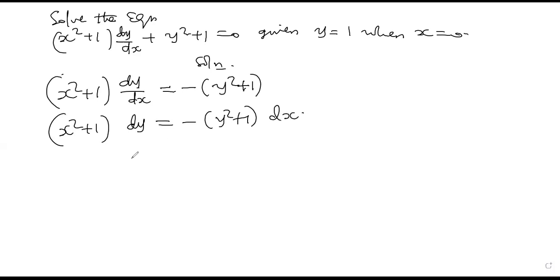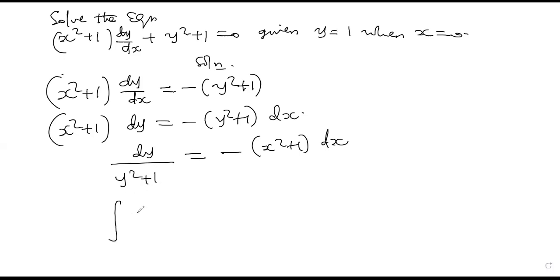Then you separate the variables. So it will be dy over (y squared plus 1) is going to be equal to negative dx over (x squared plus 1). The negative, I've decided to keep it that side. And the next step will be integrating.